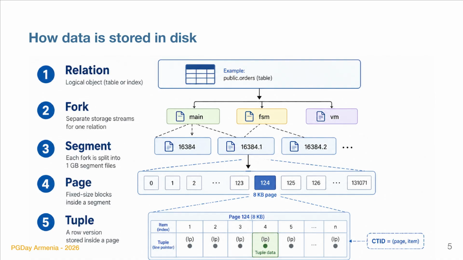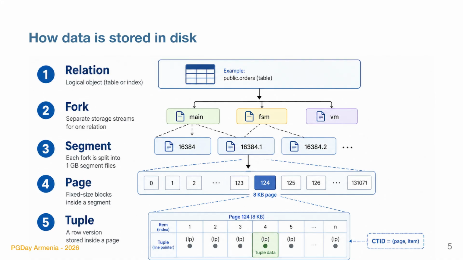The segments have a 1 gigabyte limit. So for example, if we have a table with 16 gigabytes, we're going to have approximately 16 segments. And the segments themselves are also split into pages. The pages have a size of 8 kilobytes, and we have an array of them inside each segment.